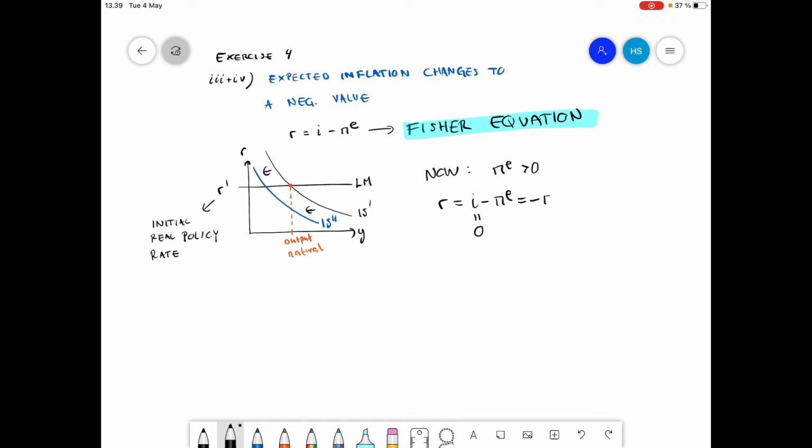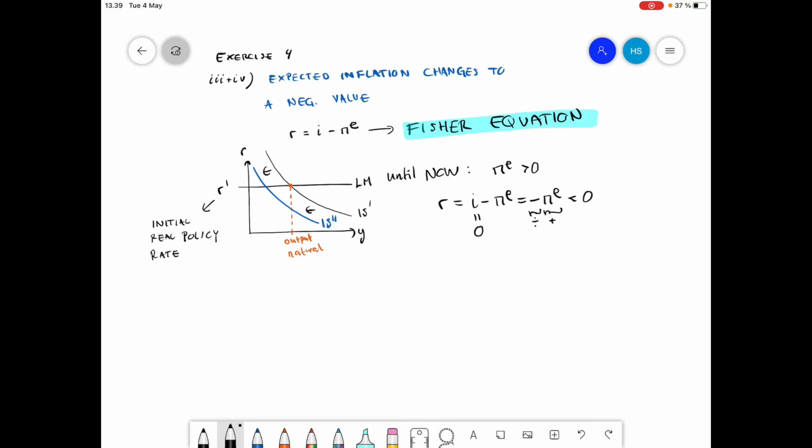Therefore, the real interest rate must be equal to minus the expected rate of inflation. So here we have a minus sign. This is negative. And we have the expected rate of inflation, which is positive. So this has been like this up until now. As a result, the real interest rate so far has been negative.